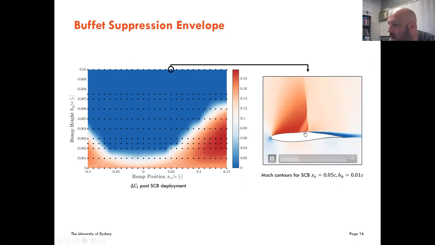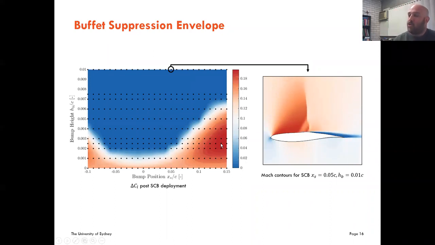We're introducing a bump that moves into the free stream, and you can see it completely stops and quenches the buffet. This works quite well throughout the entirety of the flight envelope. So in this blue region of the flight envelope, we can actually stop a buffet, but in some regions we're actually making it worse or introducing buffet.